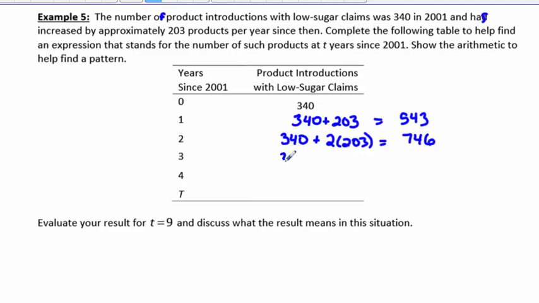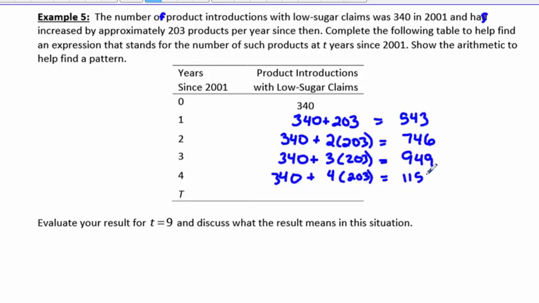In the third year, you would have had 340 plus, you would have added that 203 3 times. The result would be 949. In the fourth year, you would have taken that 340 and added 4 of the 203, and the result would have been 1152.